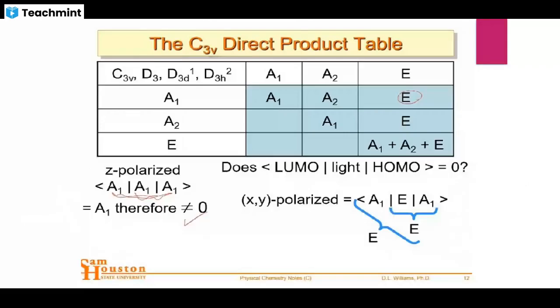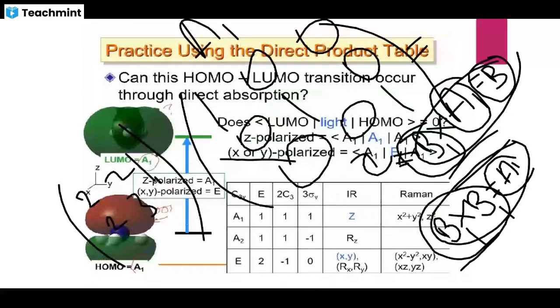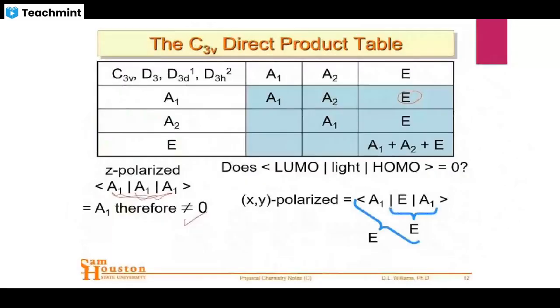So here we take the example. HOMO is a1 and light is e, and light e means x comma y in the e irreducible representation. That's why a1 into e means e, it is unchanged, and e into a1 is e. So xy is polarized, z is not polarized.